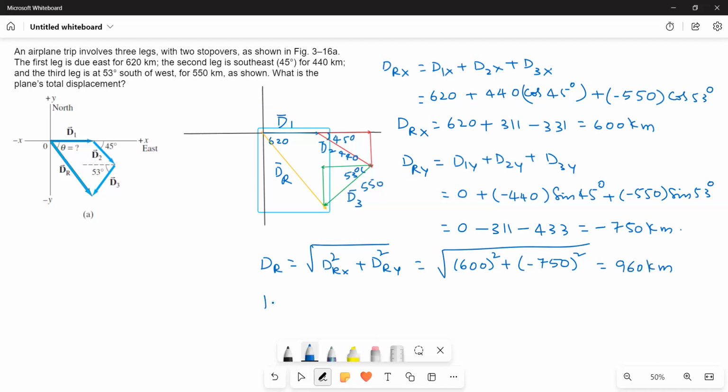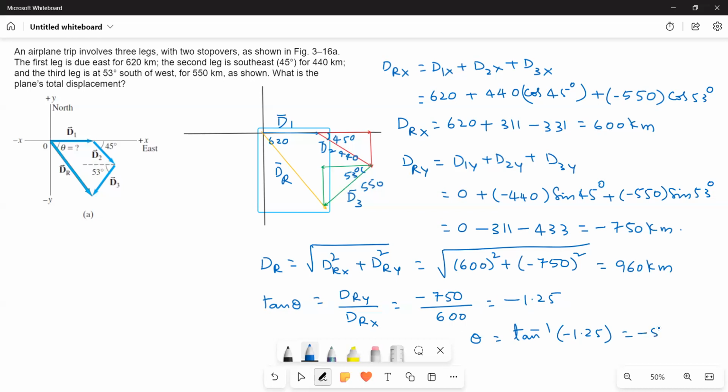And then tan theta is equal to dry divided by drx. So that is equal to negative 750 divided by 600, which is equal to negative 1.25. Therefore, theta is equal to tan inverse of negative 1.25, which is equal to negative 51 degrees.